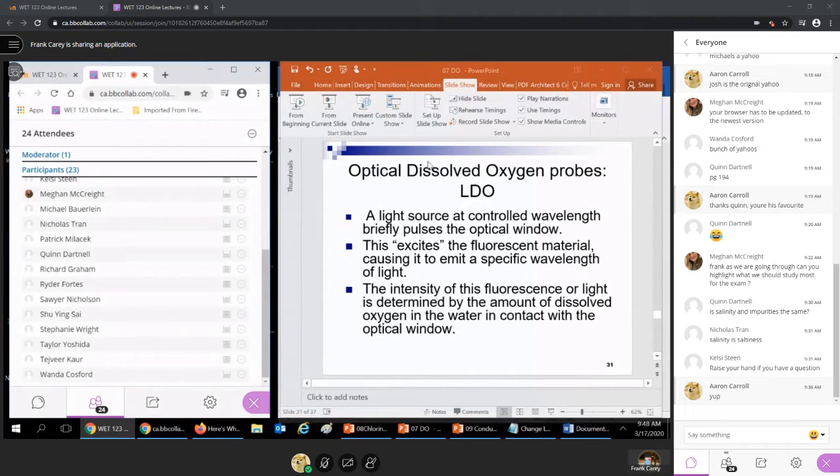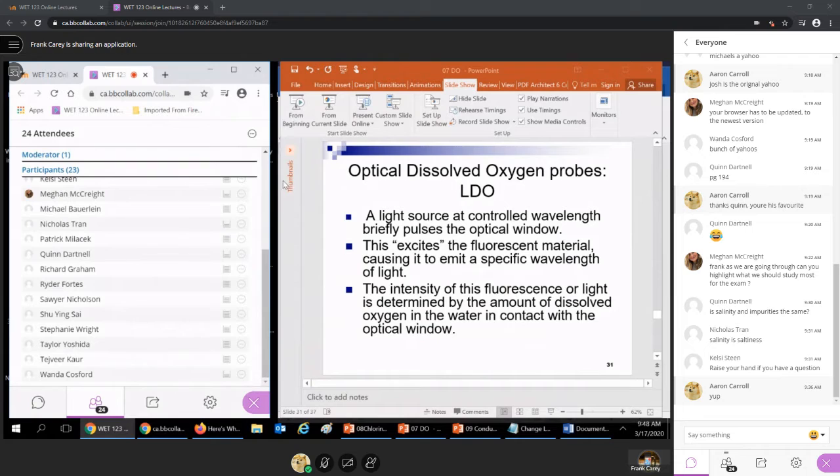Basically, the way the LDO works is it will pulse at regular intervals a violet light, and that will excite the oxygen molecules in the solution that's being tested.